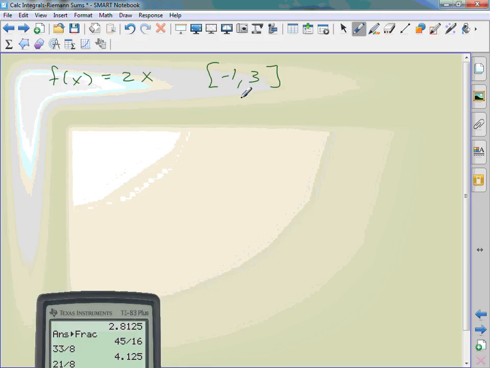We're just using the whole numbers from -1 to 3. Actually, I'll even make it -1 to 2 to make it a little bit shorter. Yeah, -1, 0, 1, 2. Those are your numbers. Find the Riemann sum. Yeah, you need the sigma. You can just do n equals 1 to 3, and 2x.